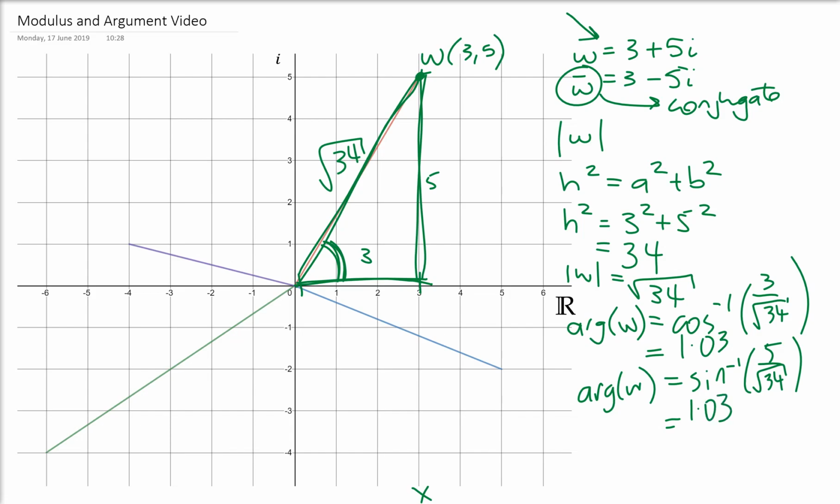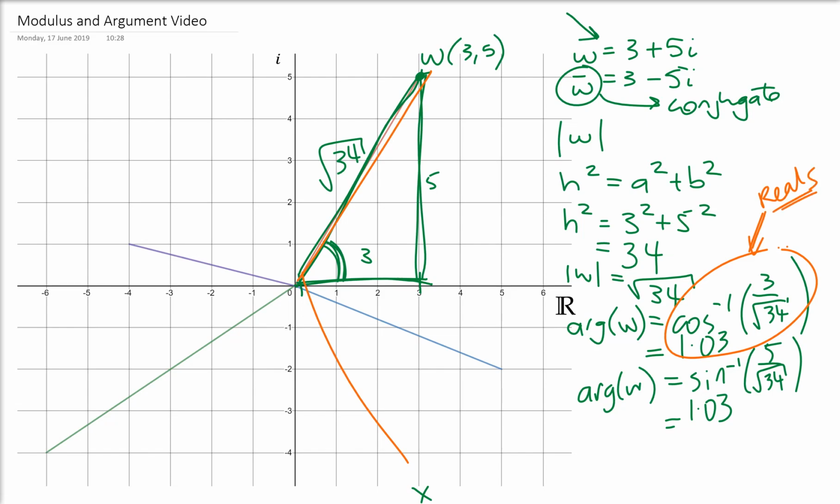Both are 1.03 radians. Do you remember why we do the cosine? If you do this one here, you could be talking about this complex number or this one down here, because it tells you the real component.